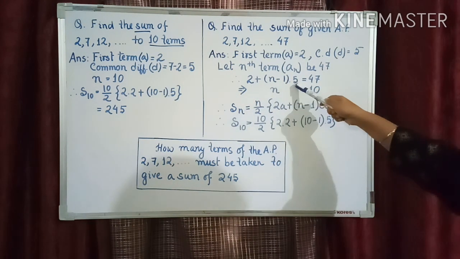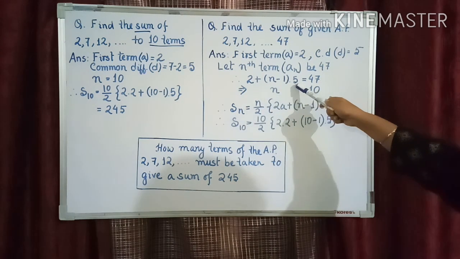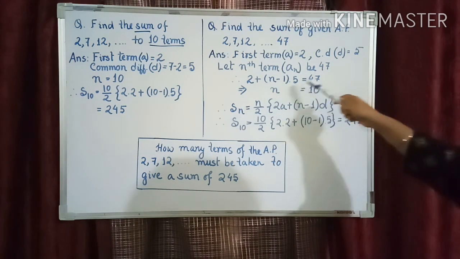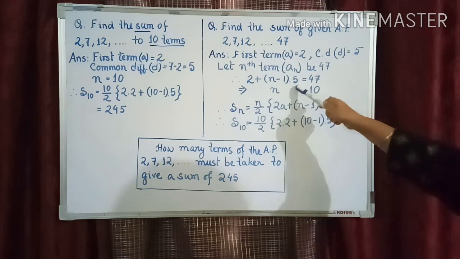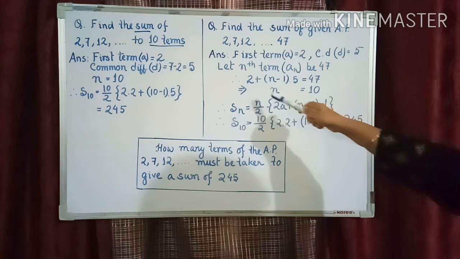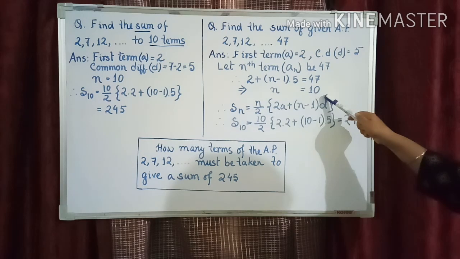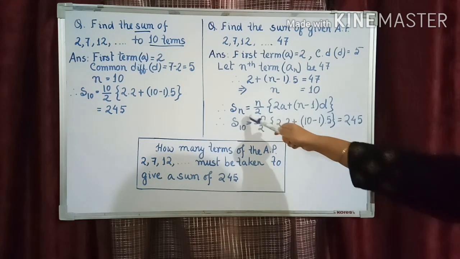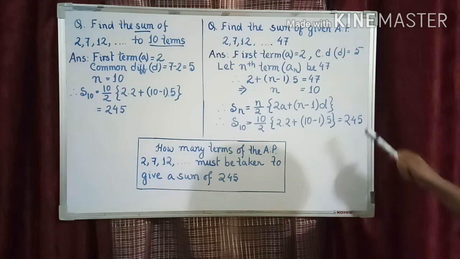So if we put it in the formula of the nth term, 2 plus (n minus 1) into 5 equal to 47. If we solve it, 2 goes across and it becomes 45, 45 divided by 5 becomes 9, then minus 1 goes across and it becomes 10. In this way we will get n equal to 10. After that, in the main formula, if we put all the values we will get the answer.